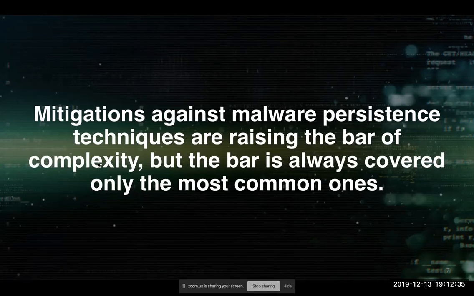But mitigations against malware persistence mostly raise the bar of complexity, covering only the common cases but not the more advanced ones, because it's not very feasible with modern security products.